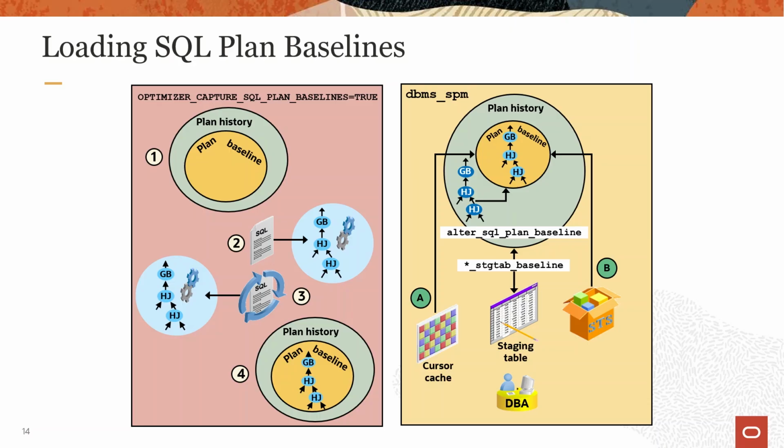If then suddenly, for that same SQL statement, another execution plan is being generated, the plan will be placed in the history, but it will initially use the first plan being captured, in fact. Then you can perform an evaluation of this newly captured execution plan.